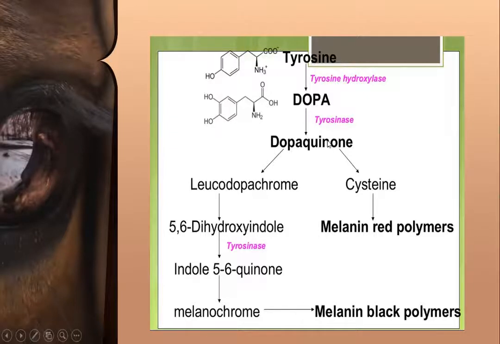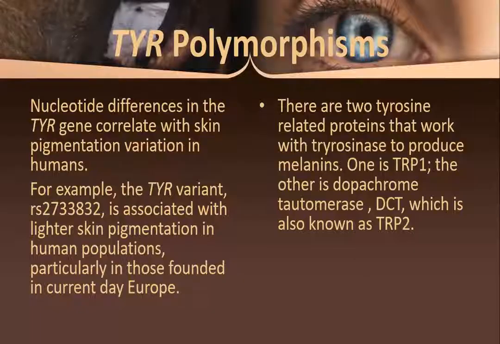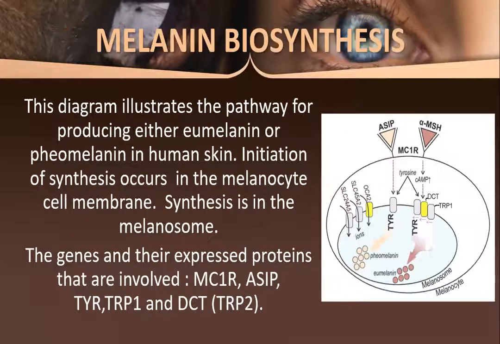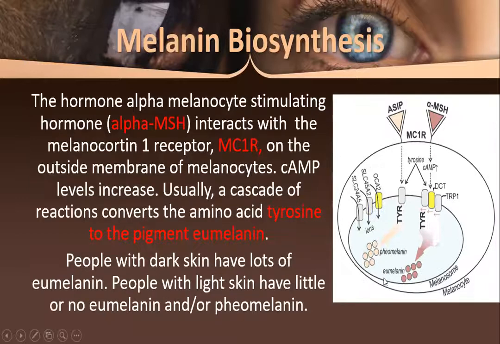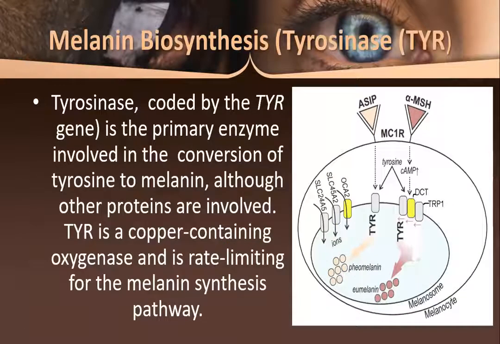And on the other hand, dopachrome converts into cysteine, and then melanin red polymers mean to say pheomelanin. Okay, here you can observe, I have just told you, pheomelanin produces red color, and melanin produces black dark color.